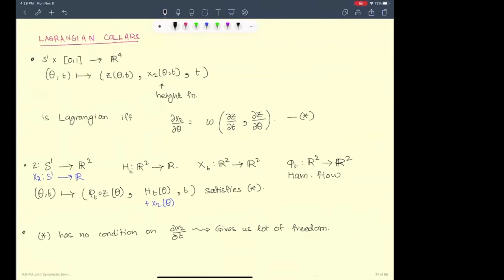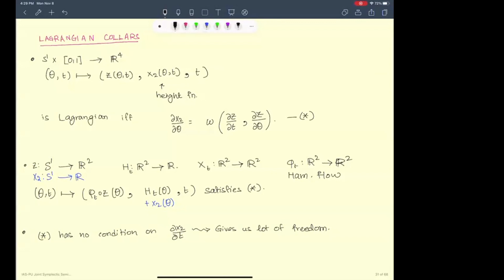And one thing I noticed recently is this doesn't have too much of a condition on the t derivative, right? So I can vary the heights, I have a lot of freedom. So you can play around with these slices coming in families and construct a lot of Lagrangian collars to do whatever I want.